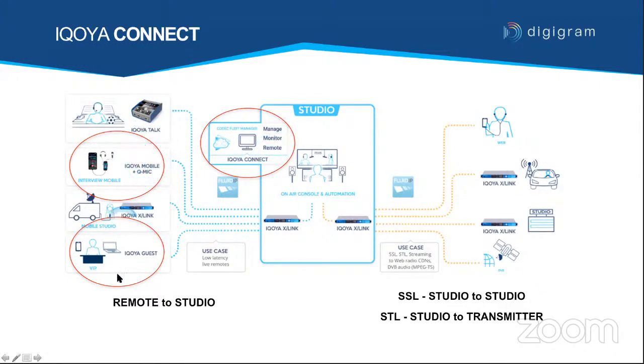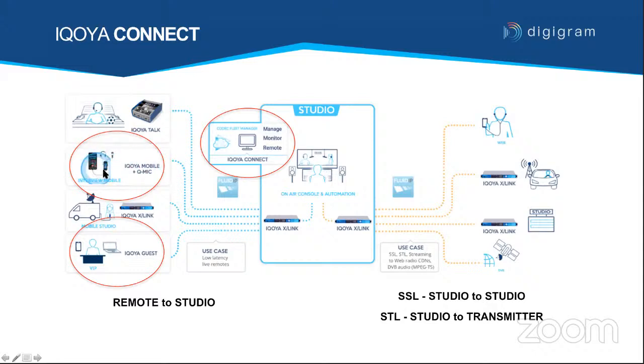Now, Akoya Mobile and Akoya Guest probably isn't too hard to deduce what these are. Akoya Mobile is an app version of Digigram's codec that you can download. It'll be available later this year for Android or iOS devices, and it turns your smartphone into a codec that can broadcast in to not only Digigram solutions, but third-party solutions, because this app runs on Akoya Connect.